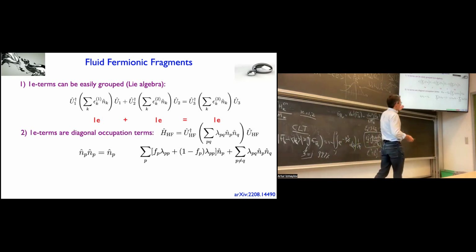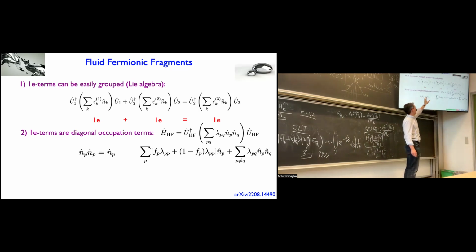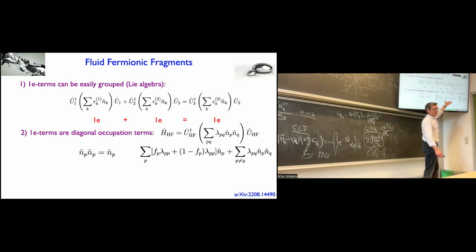So what do we do? We take the 2 electron fragment and use the fact that the occupation number times occupation number is projective. So essentially this 2 electron looking expression actually is 1 electron. And so in every 2 electron fragment, we have a part that looks like 2 electron, but it's 1 electron.